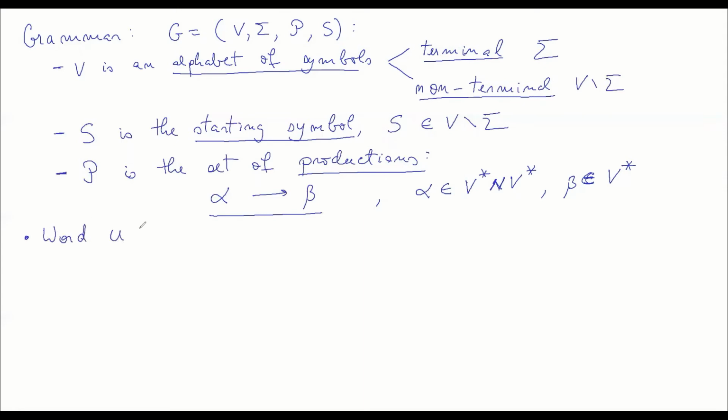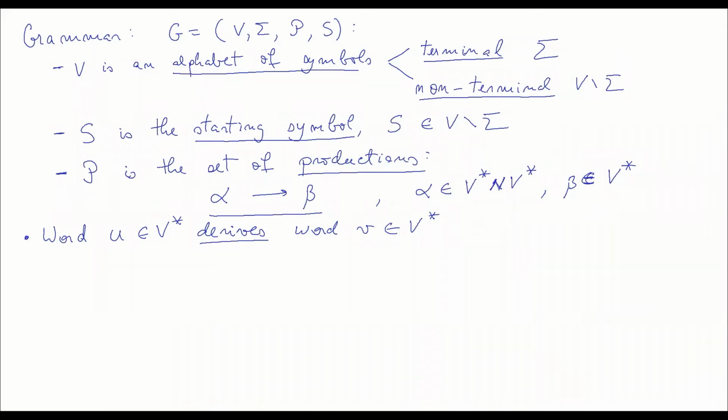So I'm going to say that word U from V star derives, and this is the concept of derivation, word V if we have something like this. So I'm going to say also the notation.